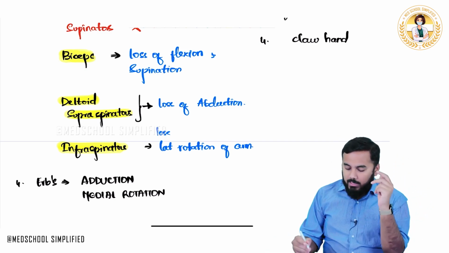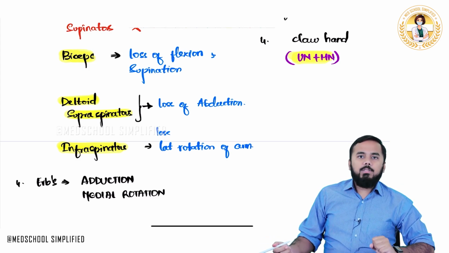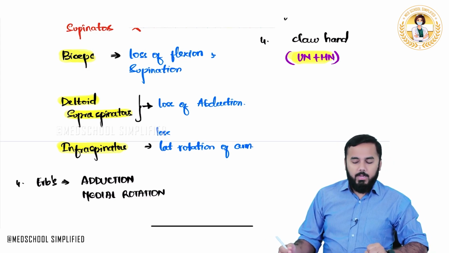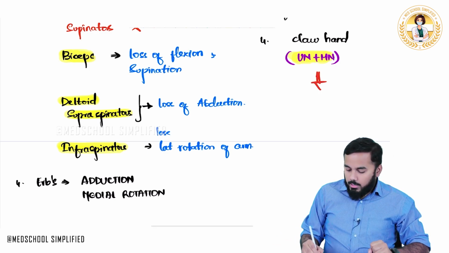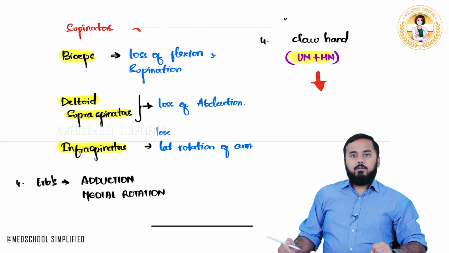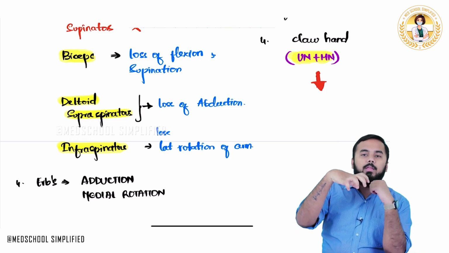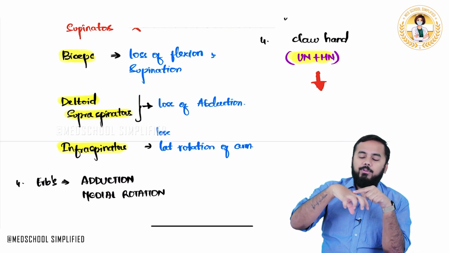So here two nerves are involved: the ulnar nerve along with the median nerve. Both of them are involved here. Now in the case of ulnar claw, what is the important thing you will find? The patient's hand becomes like this. So now you tell me, what is the position of this arm, guys? These are called metacarpophalangeal joints, right?